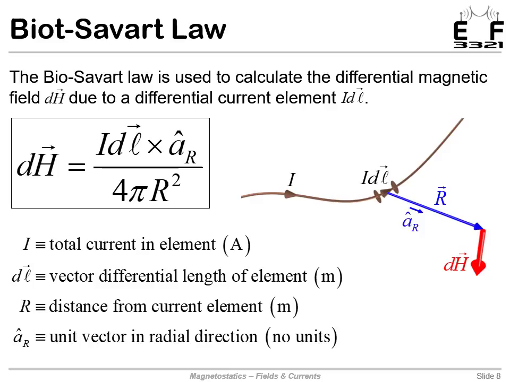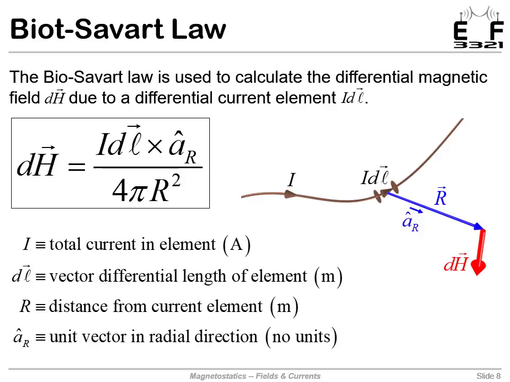This is how I like to think of the Biot-Savart law. It's specific to the case of a thin wire, but that's very common in magnetostatics. And I'm expressing this in terms of a differential magnetic field. So the way this works, we have a wire carrying current I, and if we look at a little tiny piece of that wire, a little tiny differential current element, it's in direction dl with length dl, and we multiply by I. So this I dl is our little differential current element.